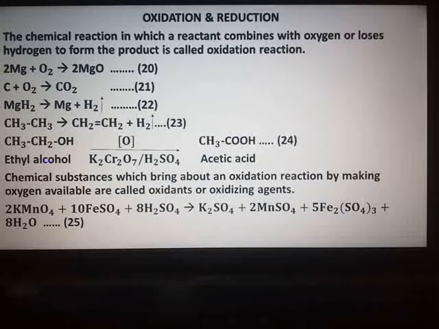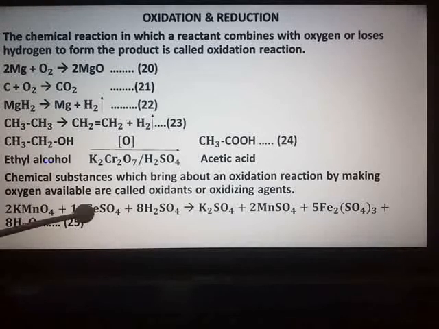Now, even potassium permanganate, that is KMnO4, is a chemical oxidant. We will take up one example. Here you can see KMnO4, that is potassium permanganate.